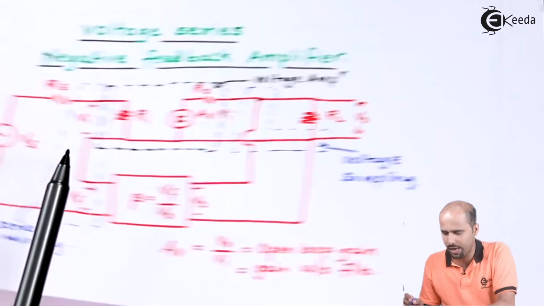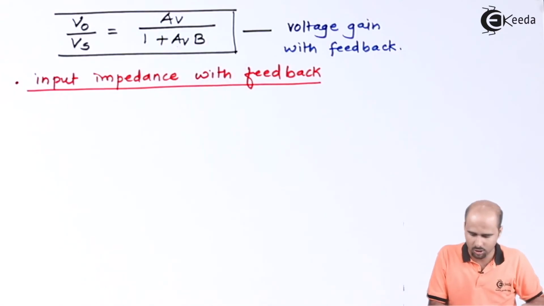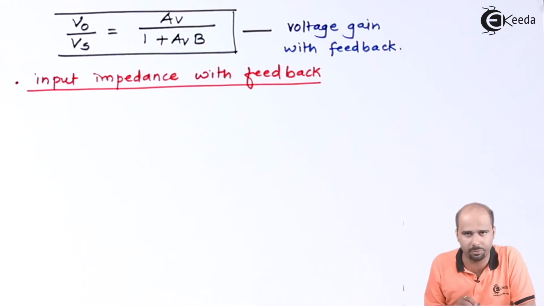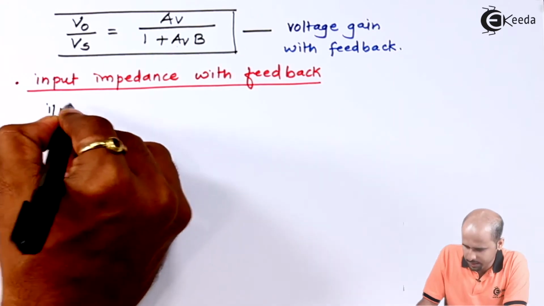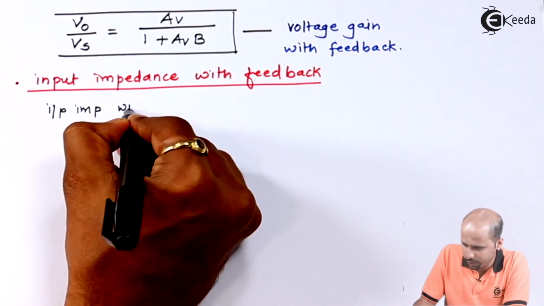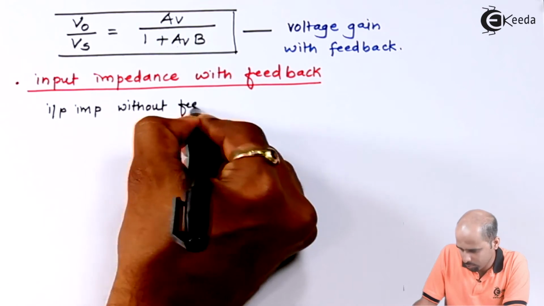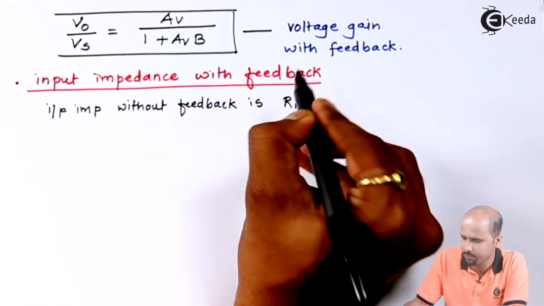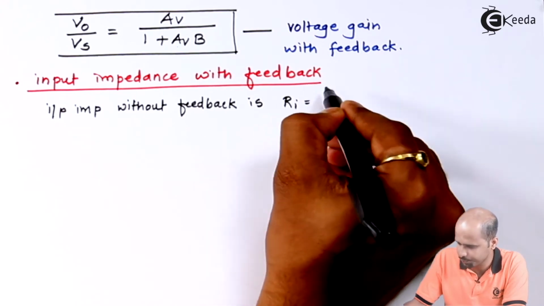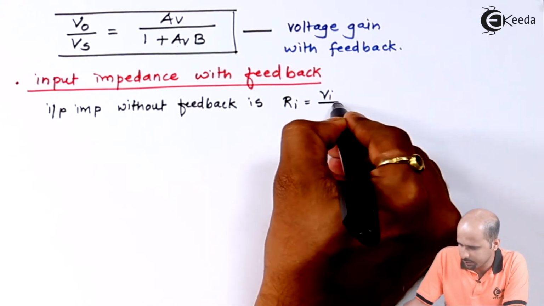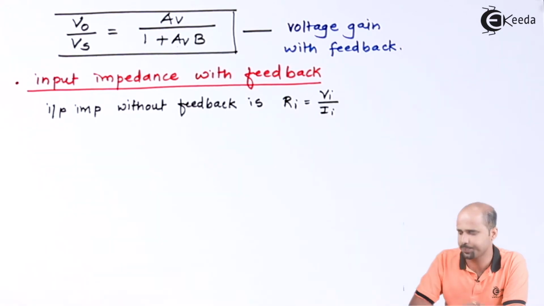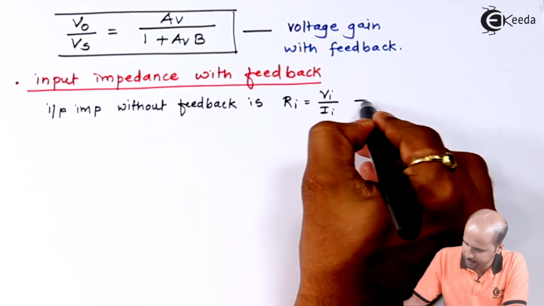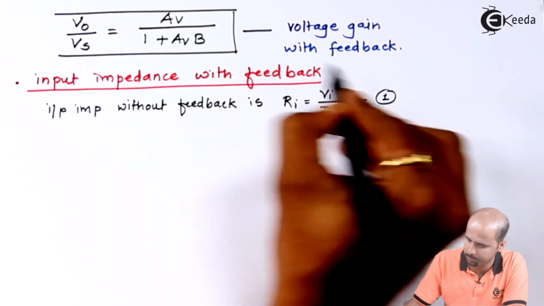So we will do some analysis based on the input impedance without feedback. Ri is equal to Vi divided by Ii. We'll say that this is equation number 1.